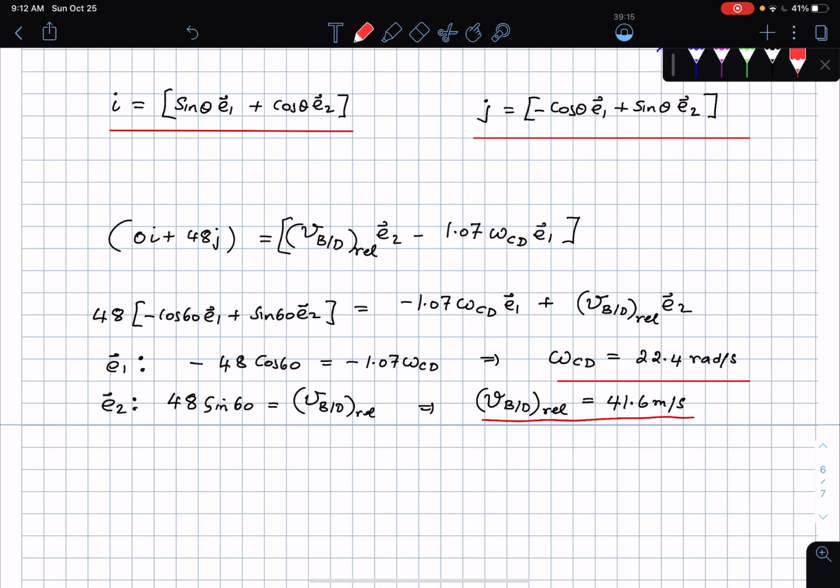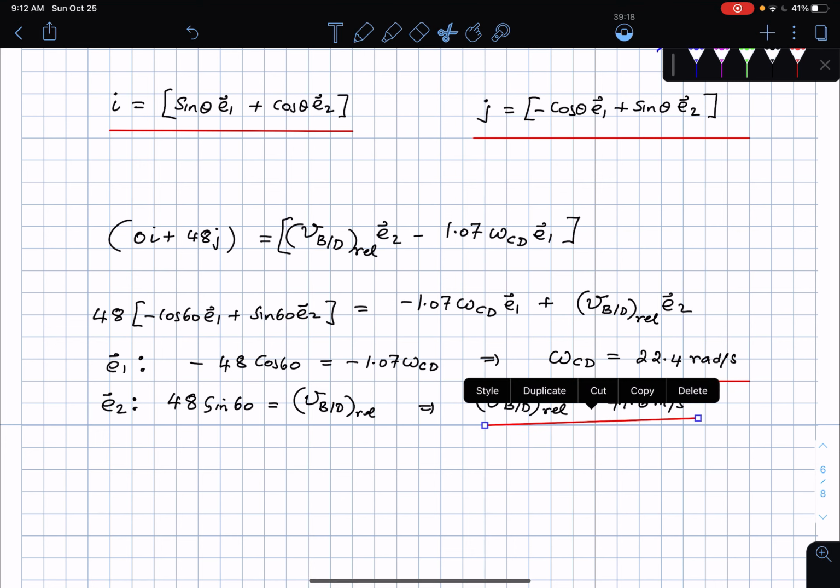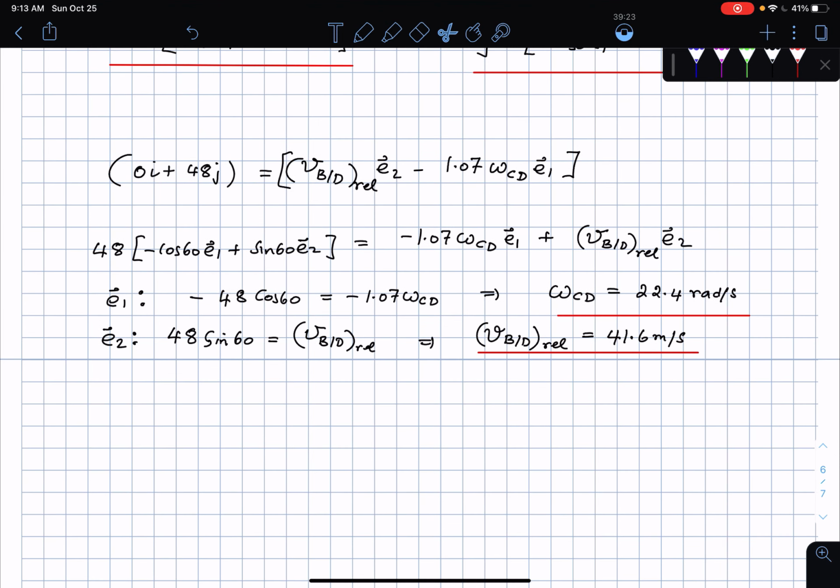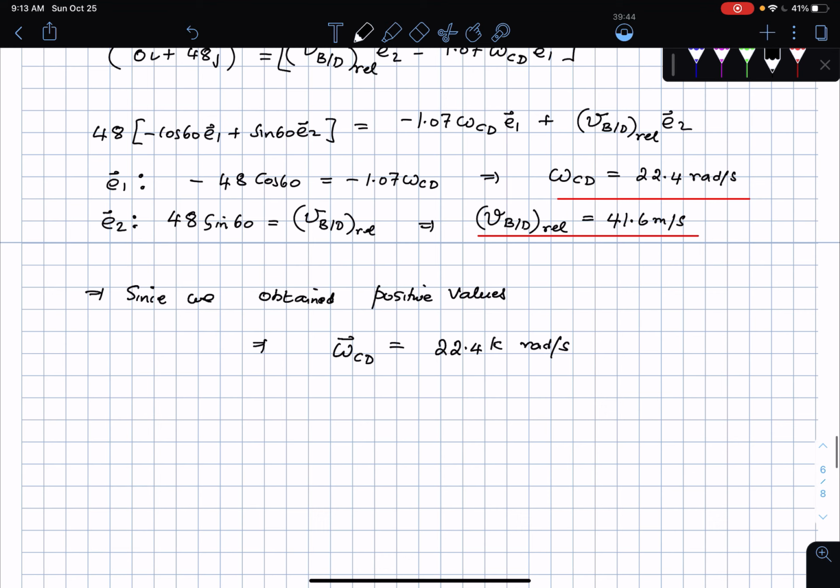Fantastic stuff. So we're almost there. And these are all positive, so since we obtained positive quantities, this implies that omega CD is actually 22.4 K radians per second, and VB/D relative is going to be 41.6 in the E2 direction, meters per second.